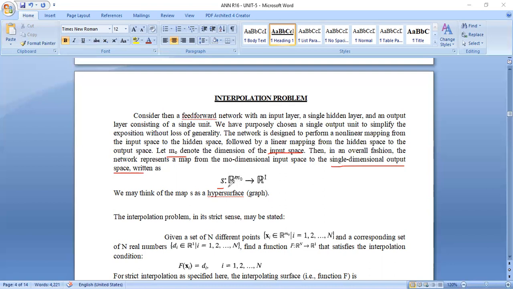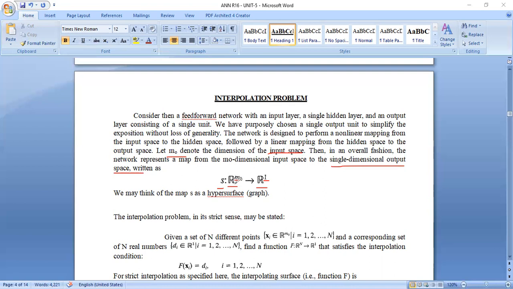R to the power of M0 is the input space, and R to the power of 1 is the output space. At the input space, we have M0 dimensions. At the output space, we have only one dimension, because at the output layer we have only one output unit.